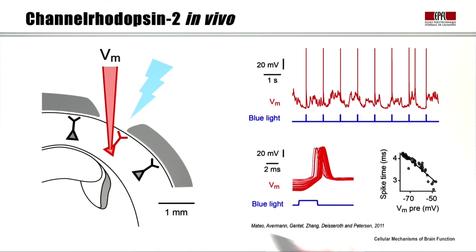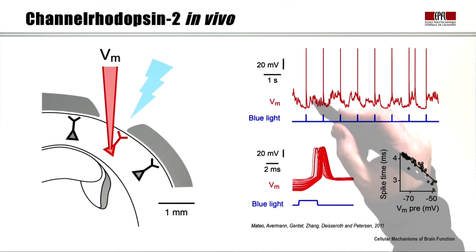So, irrespective of the membrane potential at the time of stimulus, each time a blue light flash, here 3 milliseconds in duration, was delivered to the cell, it would cause a depolarization, it would reach action potential threshold, and an action potential would be evoked. This occurred in response to every blue light flash, but there was some variability in the timing of the action potential with respect to the onset of the blue light.